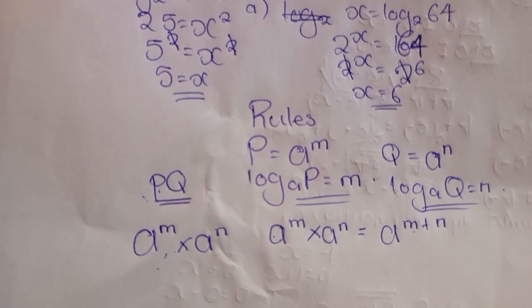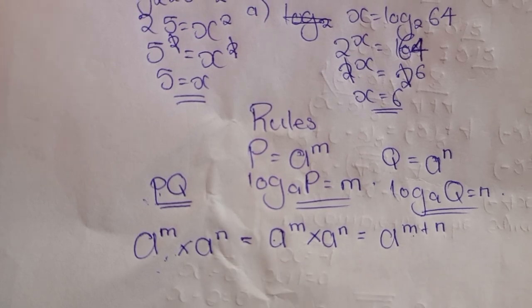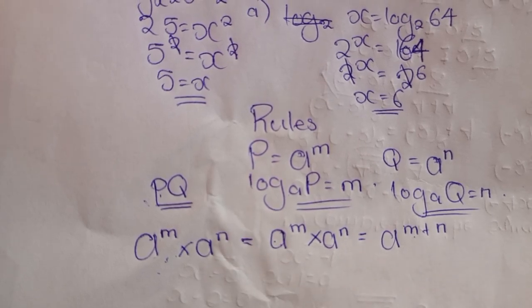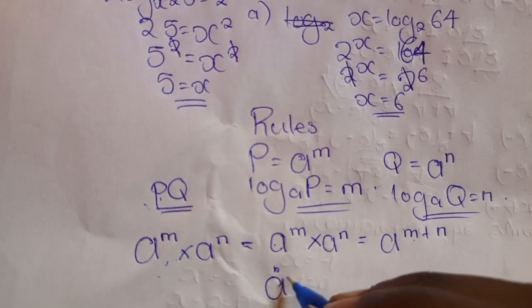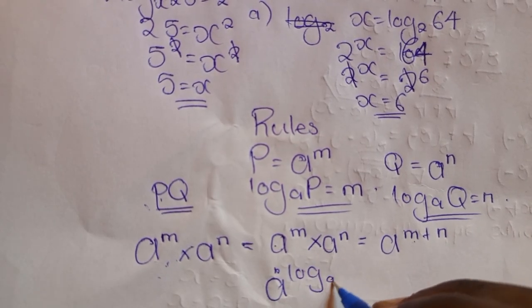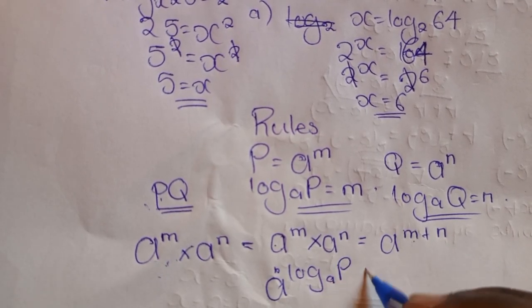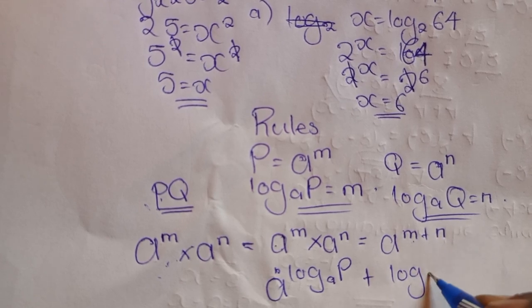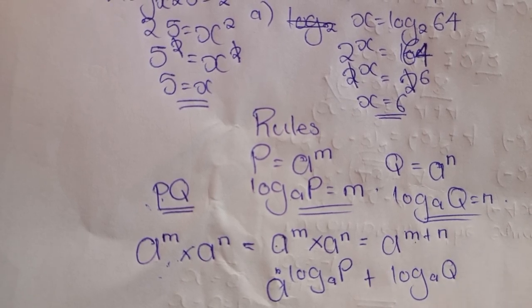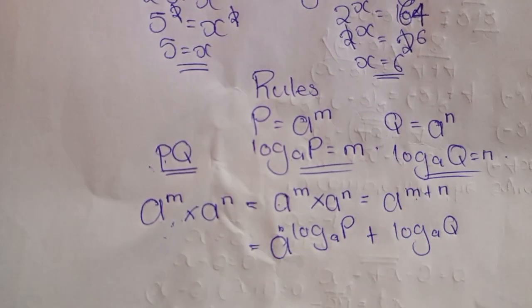What we are trying to do now is remove where there is m and n: we say log base a of p, plus log base a of q.